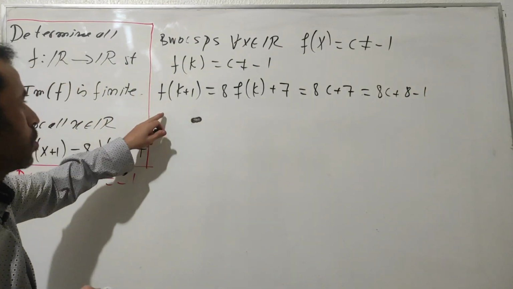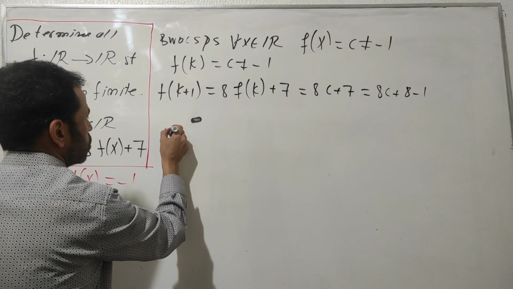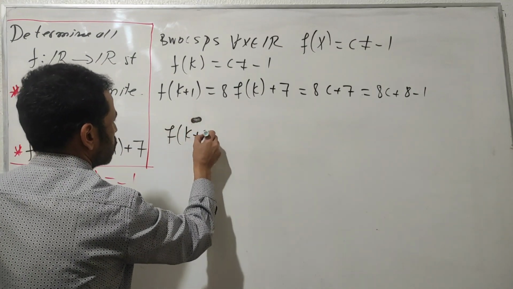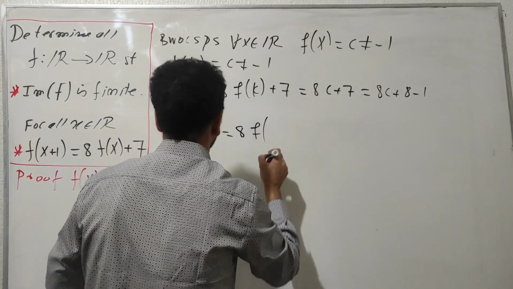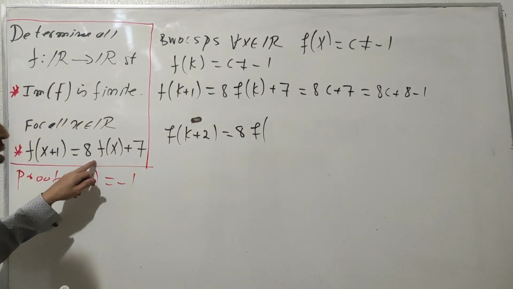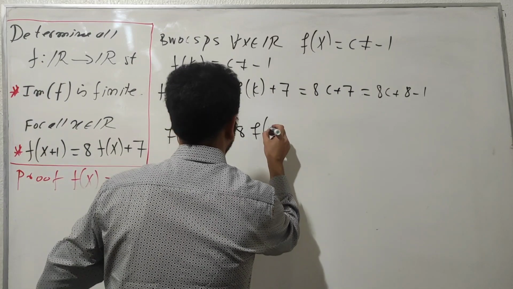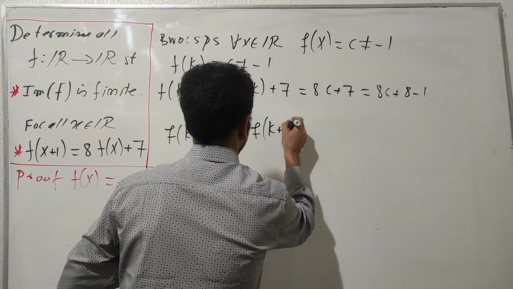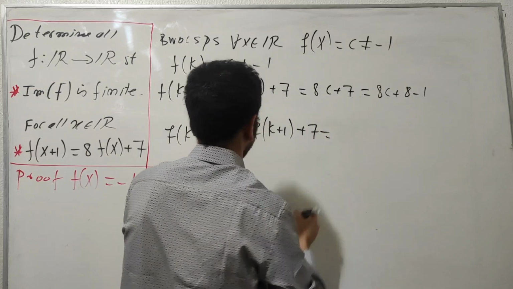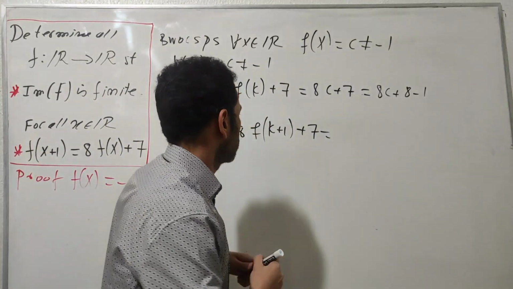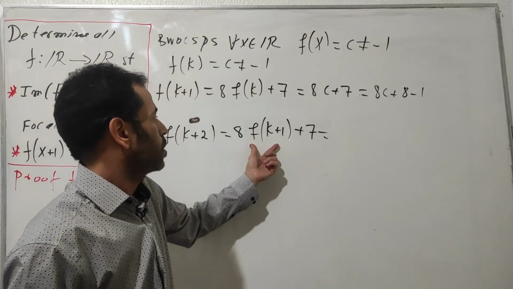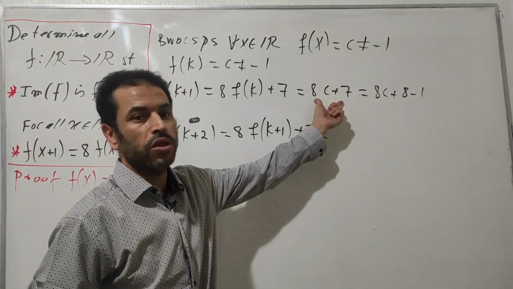Now let's go to the second expression. So I get f of k plus 2, which equals 8 times f of k plus 1 plus 7, using the original expression. I'm going to replace f of k plus 1 with these things.